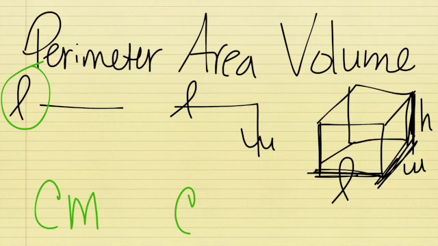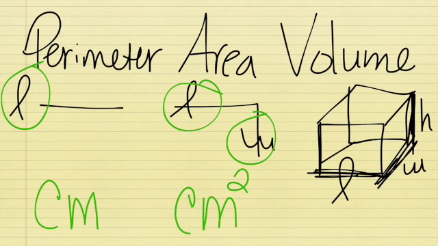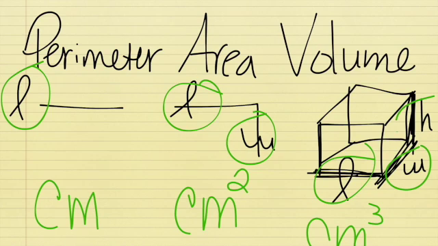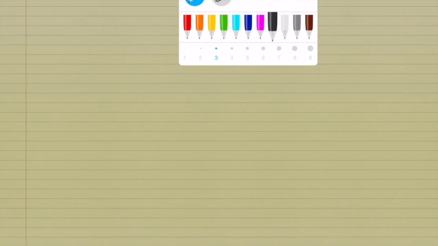Area, you need a little 2 because you're using 2 dimensions. And guess what? Volume answers need a little 3 because you're using 1, 2, 3 dimensions. Funny how that works, huh? All right. You thought we were done? Wrong. We need to practice this new formula skill.